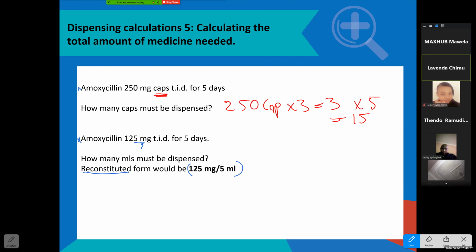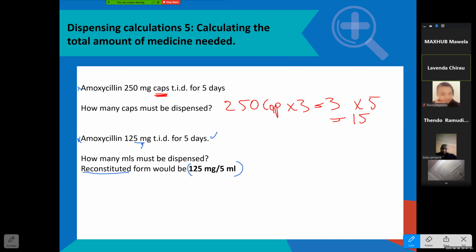Now, how many mils must this child get? So if the prescription is this way, how many mils must the child get to have enough medicine in 5 days? How many mils?